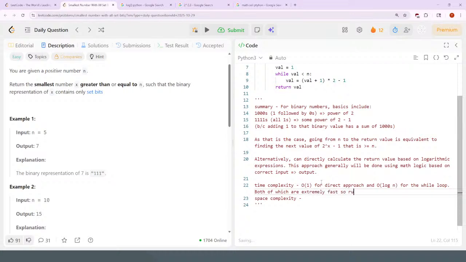So runtime is like 0 milliseconds based on Python's calculations. That's the rounded version, I guess. If you look closely, it probably is some difference. Space complexity is going to be O(1) since no additional space is needed.